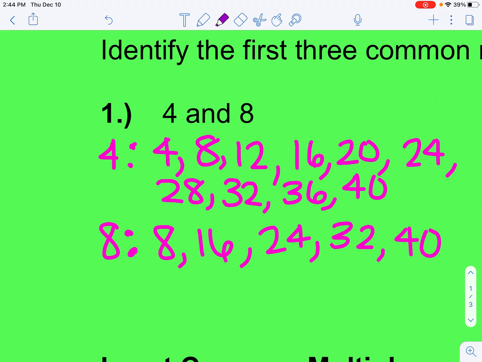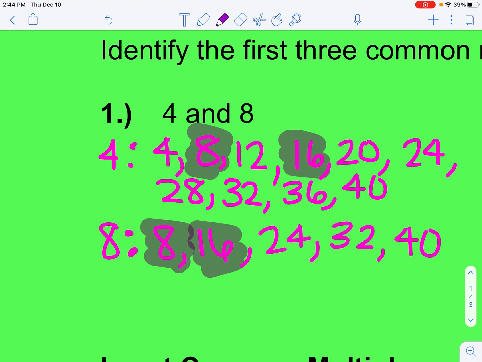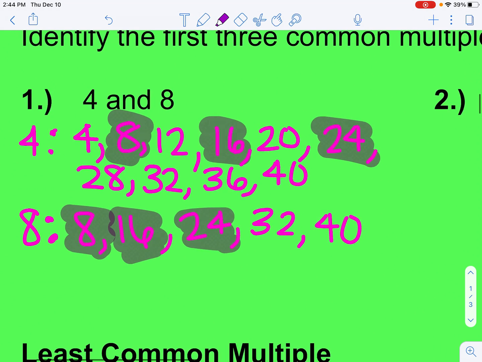Alright, so now we need to identify the first 3 that they both share. Well, they both share this 8. They both share 16. And they both share 24. So we've just listed our first 3 and we are all done. Alright, so those are common multiples of 4 and 8.